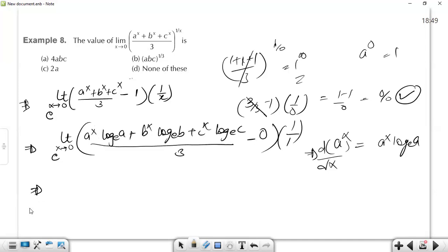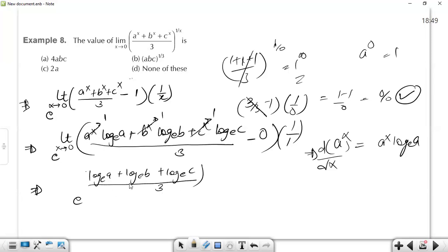Now if we substitute x equal to 0, then a raised to power 0 will become 1. So we can directly write log a plus logarithm of b plus logarithm of c. Are you all aware that it will become 1? Yes, sir.